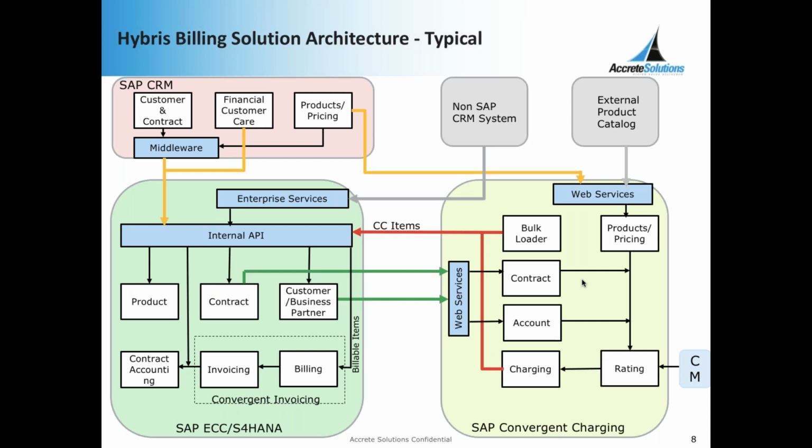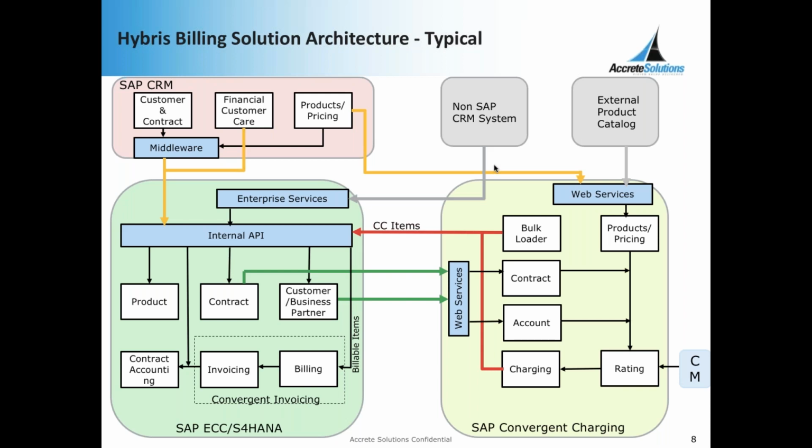They're then loaded via the APIs into convergent invoicing for the billing and invoicing. Now again, where did the information come from? It came from SAP CRM/SOM in the upper left-hand side. Customer and contract data gets sent via the middleware to that internal API inside SAP ECC S/4HANA that then gets shared over to CC in order to have the customer contracts there.